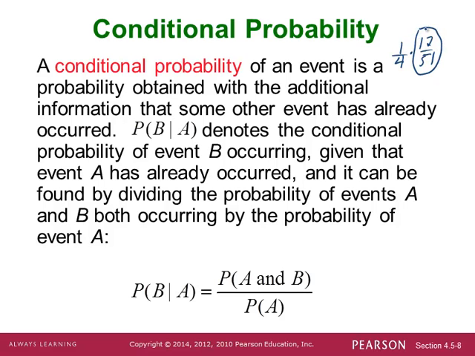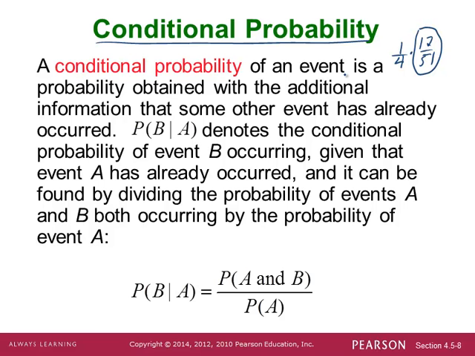This probability that the second card is a spade, given the fact that the first card is a spade, is an example of conditional probability. We're doing some conditioning on the outcomes of some previous experiment. So that's what we're saying here.